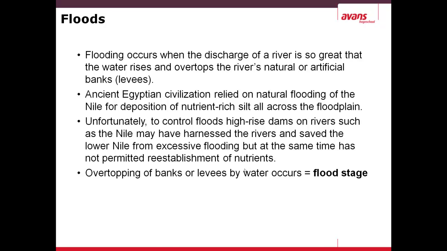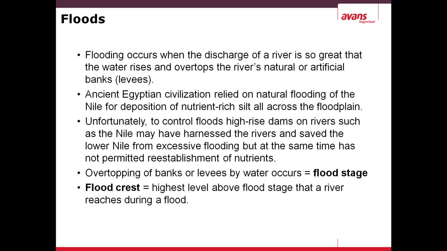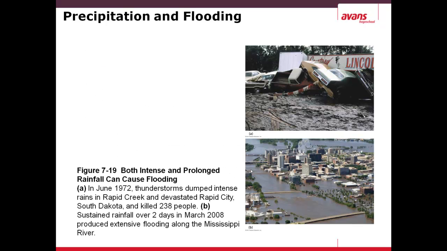When a river overtops its banks or its levee, this is what we call the flood stage. The flood crest is the highest level above flood stage the river reaches during a flood. Floods can form quickly or slowly.